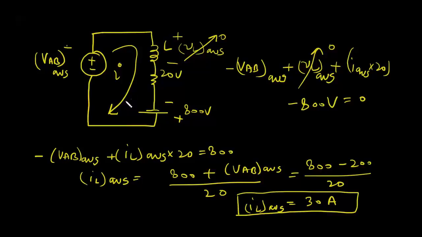Now you have to find the power which is fed back to the source by this RLE load. You can notice that your actual VAB average is something like this, because we are getting minus 200 volt. So the voltage polarity is like this, plus and minus, and current is going into the plus polarity.